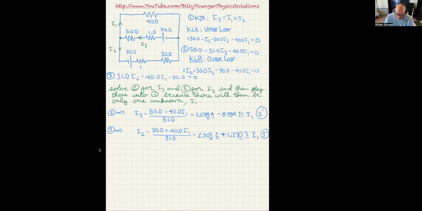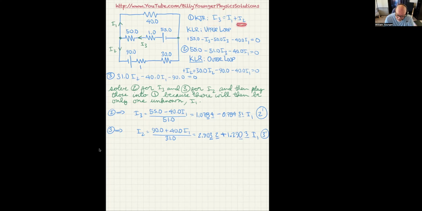That allows us to put I3 in this slot and I2 in this slot, and we'll have some function of I1, some function of I1, and I1 all in it, and therefore we have one unknown in one equation, and we can immediately solve for I1.